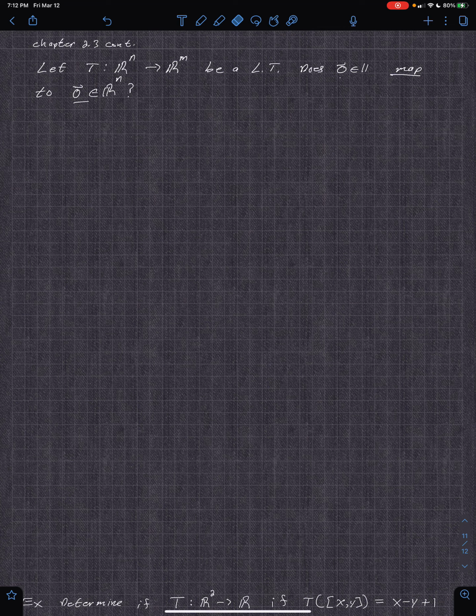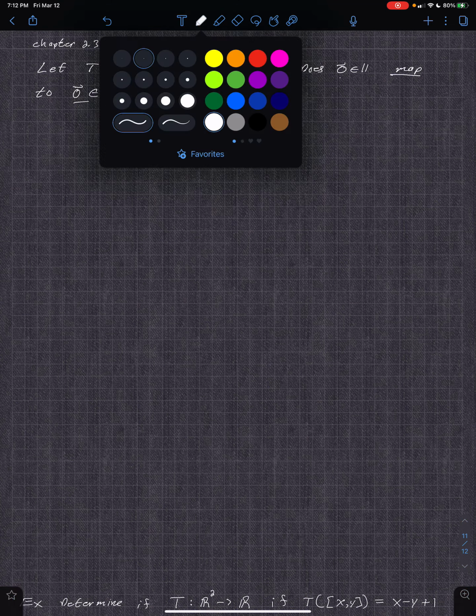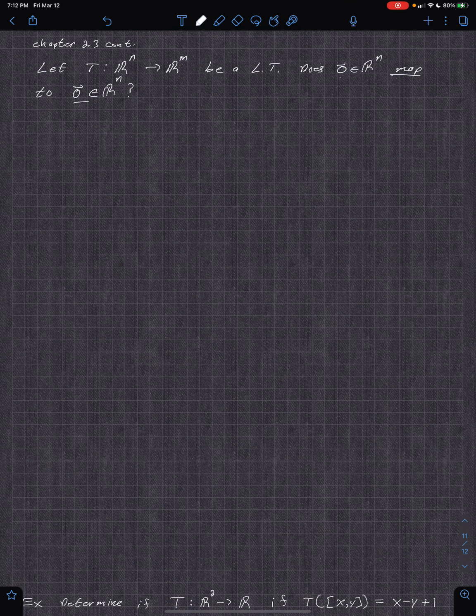That's supposed to be N to M. Does the 0 vector in Rn, sometimes they put a subscript like that, map to the 0 vector in Rm? And so we could actually investigate that. Does that happen every time?